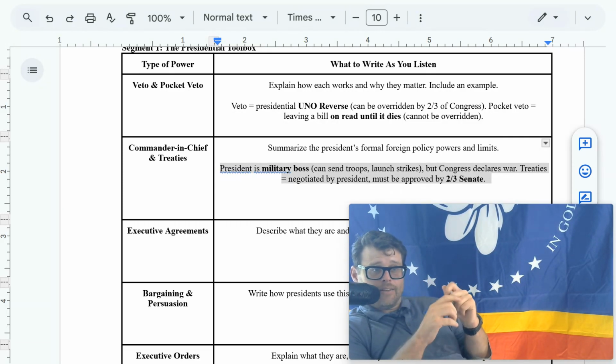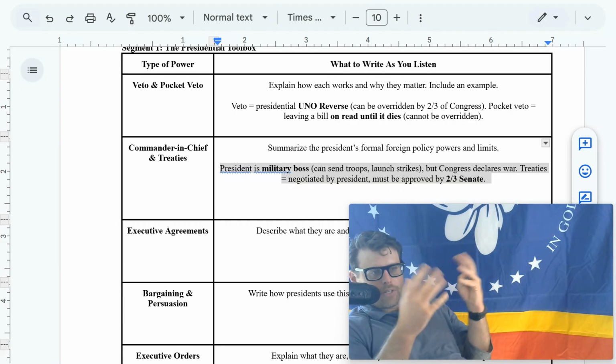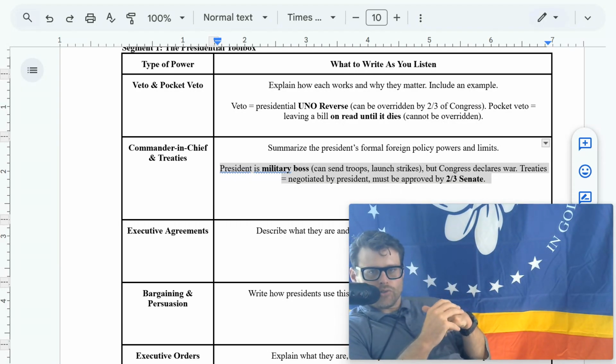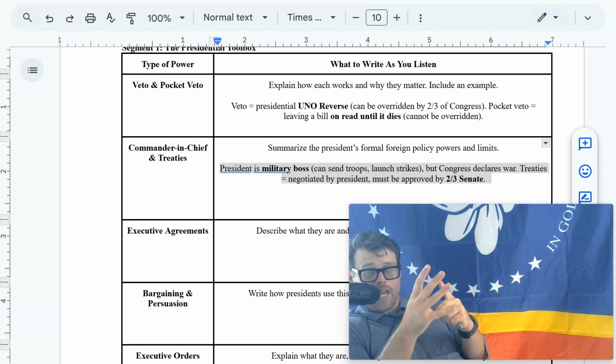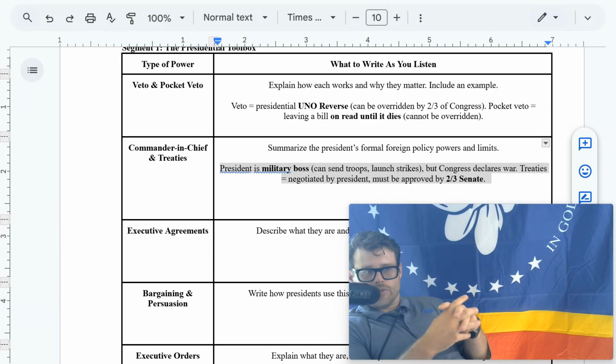But the Senate, the upper chamber of our bicameral legislature, has to say yes with a two-thirds vote, so a supermajority. Just ask President Woodrow Wilson during World War I. He negotiated the League of Nations, a precursor to the United Nations.